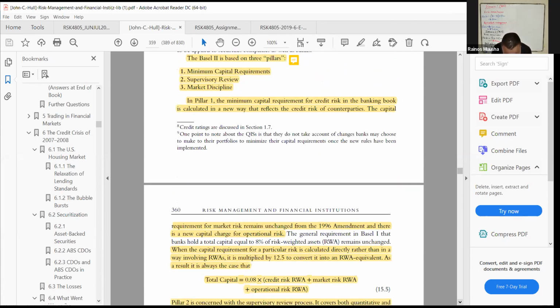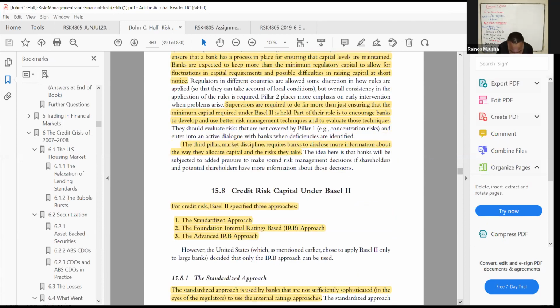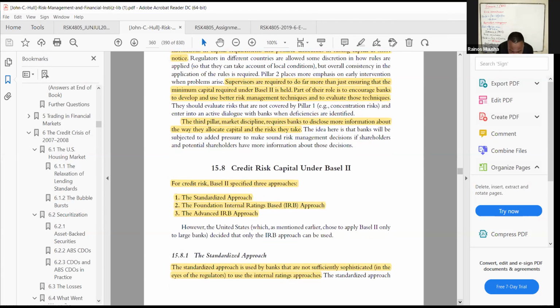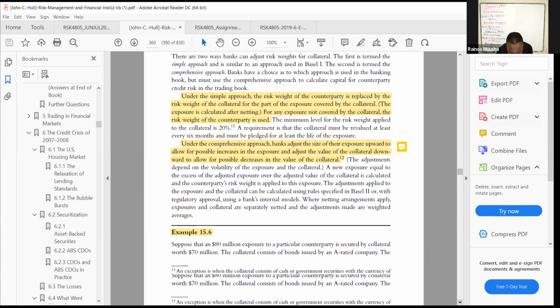And this is where they say in Pillar 1, the minimum capital requirement for credit risk in the banking book is calculated in the new way that reflects the credit risk of counterparties, right? Then they give us how it's calculated there. Then they also look at the credit risk under Basel II, and they say it's calculated by looking at the 3 approaches.